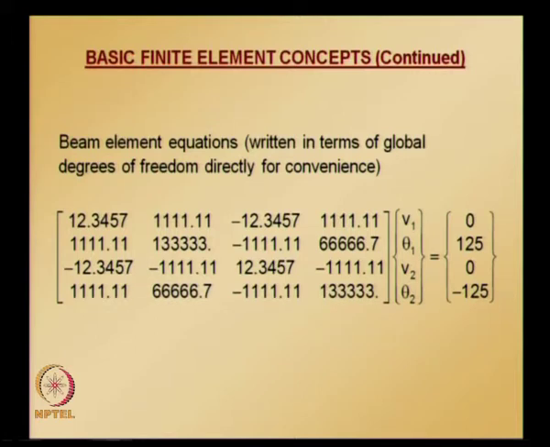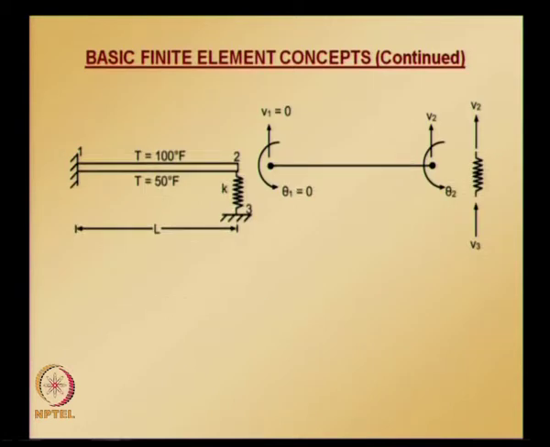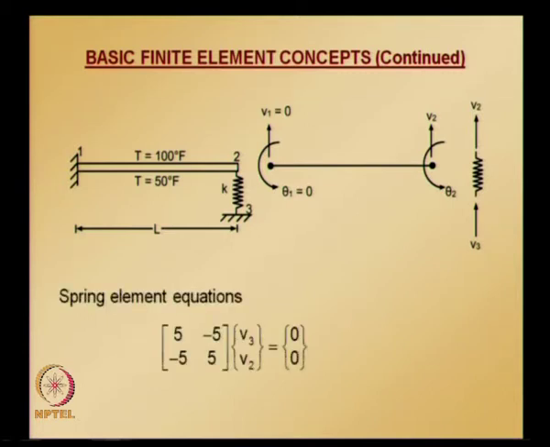The notation I am following is that global node 3 is local node 1, and global node 2 is local node 2. With that understanding, we get the element equations for the spring element like this.